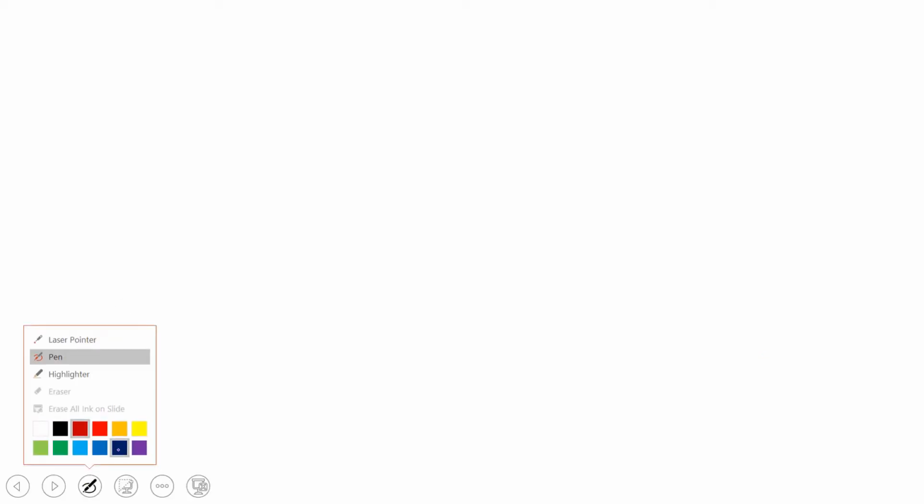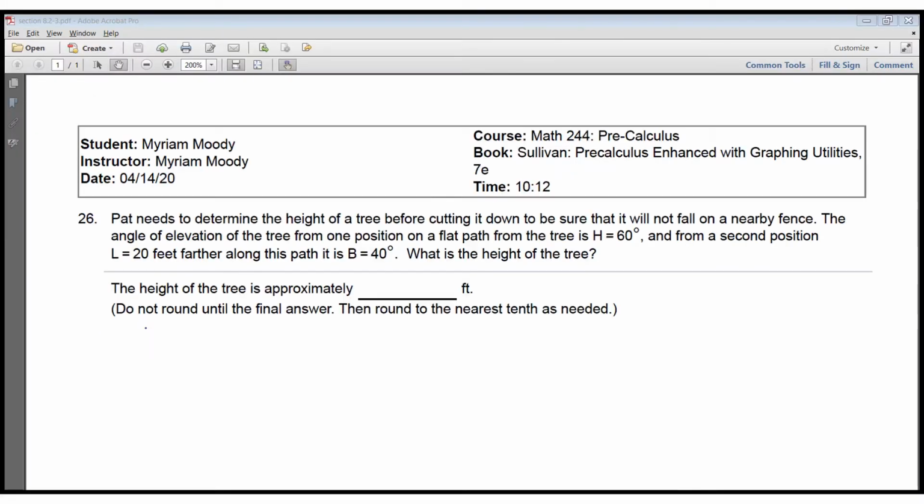So I'm going to draw my tree. All right, and they told me along a path to point H, this was a 60-degree angle, correct? Right, on a flat path from the tree to H is a 60-degree angle.